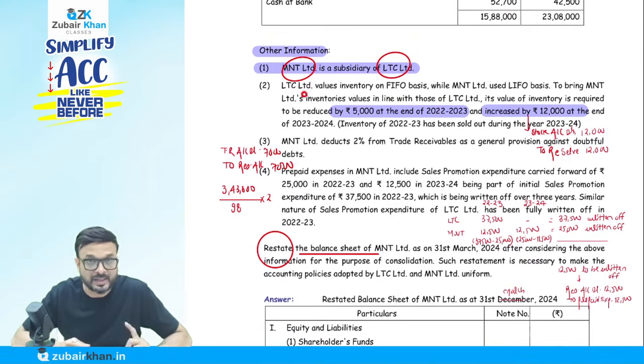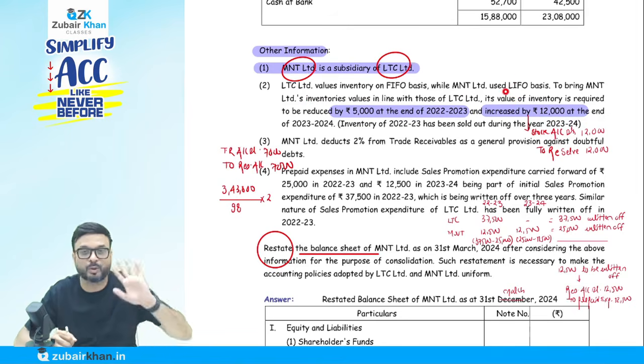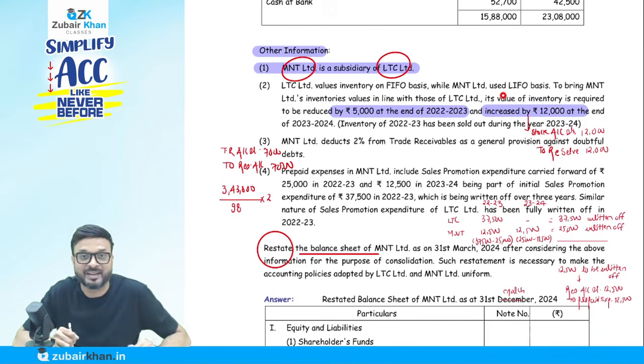They say LTC Limited values inventory on FIFO basis, while M&T Limited uses LIFO basis. LIFO is not allowed as per AS 2, but okay, we cannot argue with ICAI on it. So the holding company uses FIFO and the subsidiary company uses LIFO.